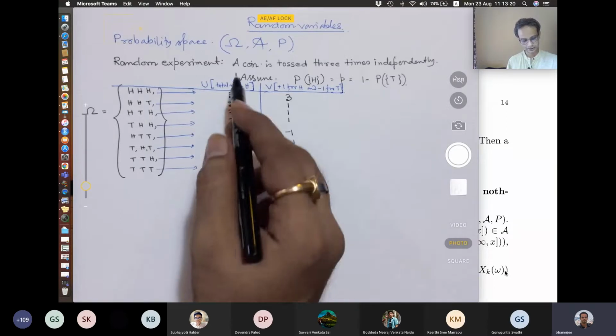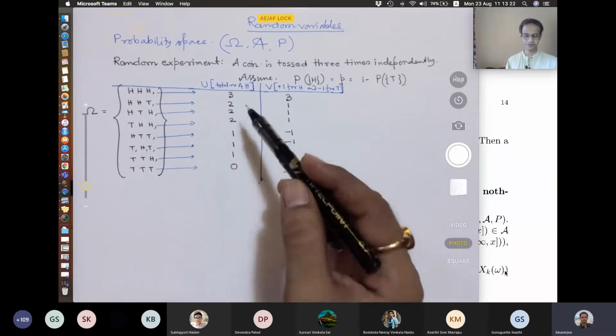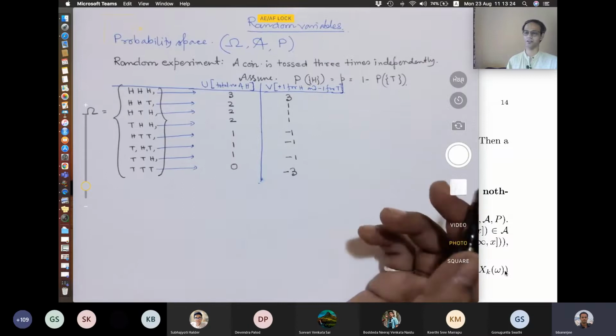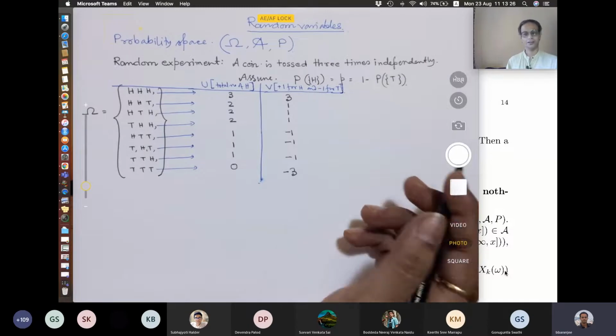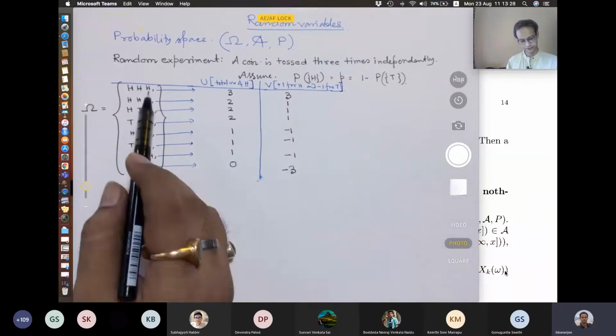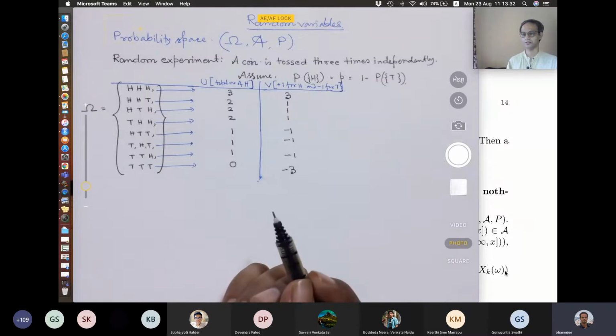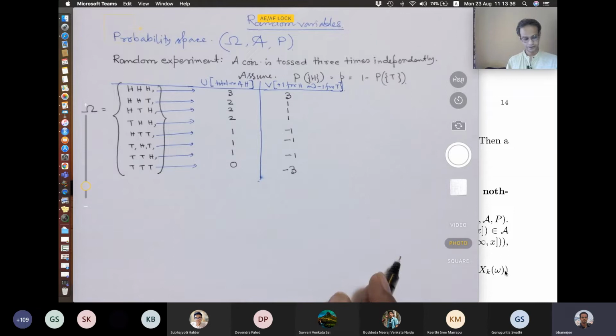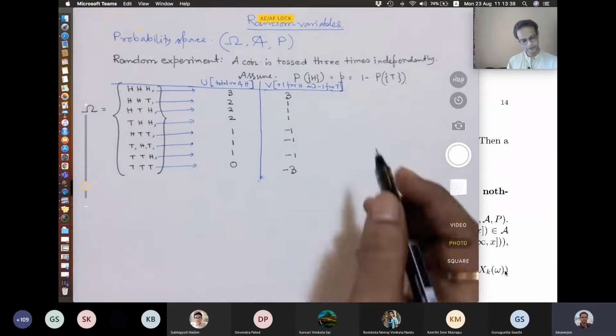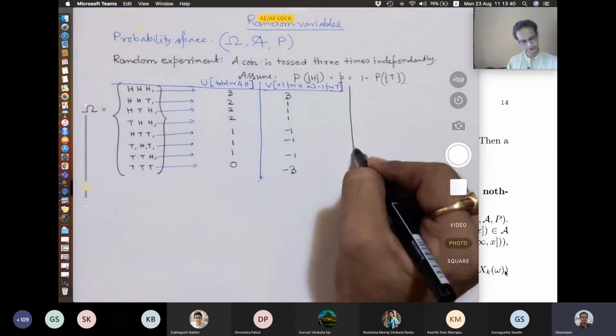So these are the possible values. Now if I change the story in a different way, the numbers associated to the same outcome will be different.